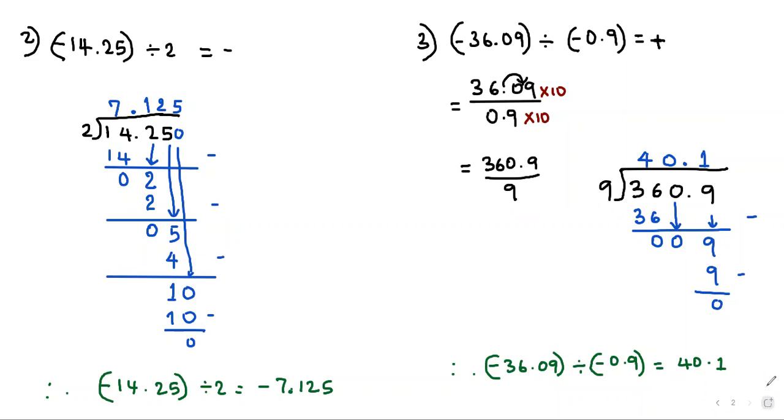So let's do some practice together. So let's have number 1 as 1.904 divided by 0.08.